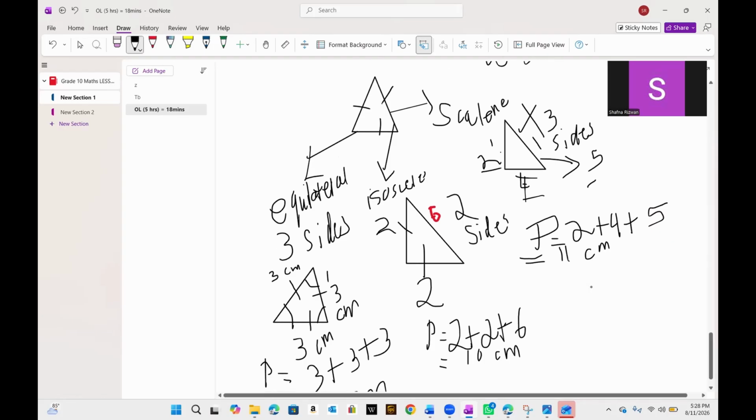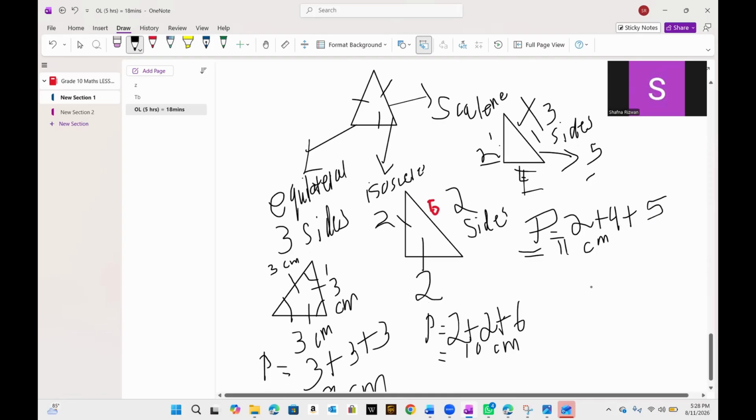When it comes to a triangle, finding the perimeter is different according to the type of triangle you have been given. If they have given you an equilateral triangle, all the three sides will become equal. You don't have to worry about anything. If they have given 3 in one side, the other two are also 3 centimeter only, and you can add and get the perimeter. Isosceles triangle means only two sides of the triangle are equal, while the other one is different.